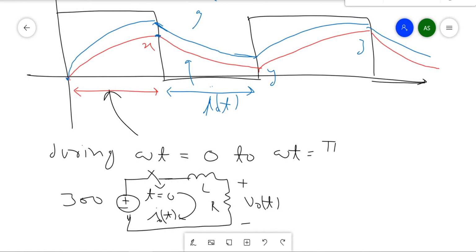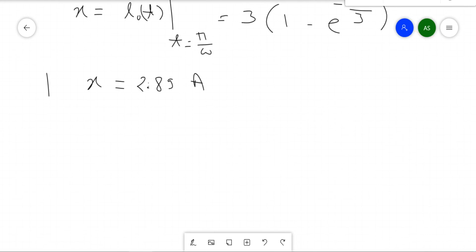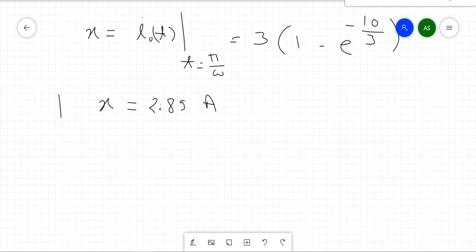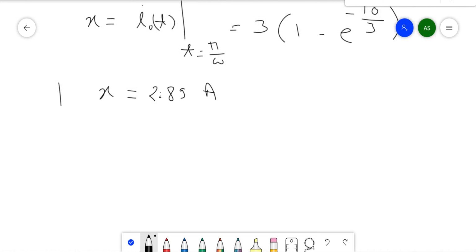This is our x. Now we want to calculate y. How to calculate y? So for y, we will have to write the equation of it.